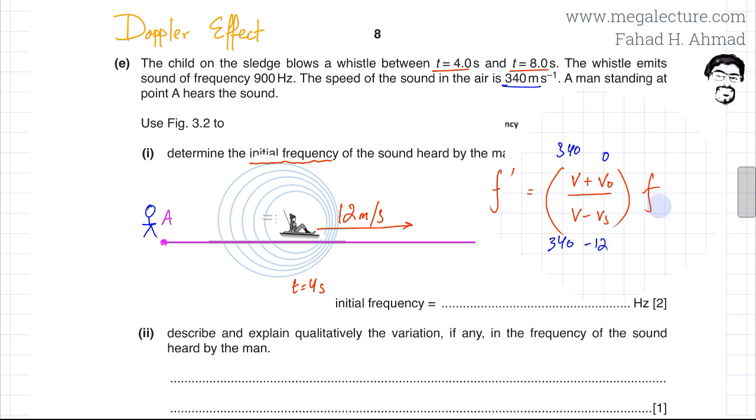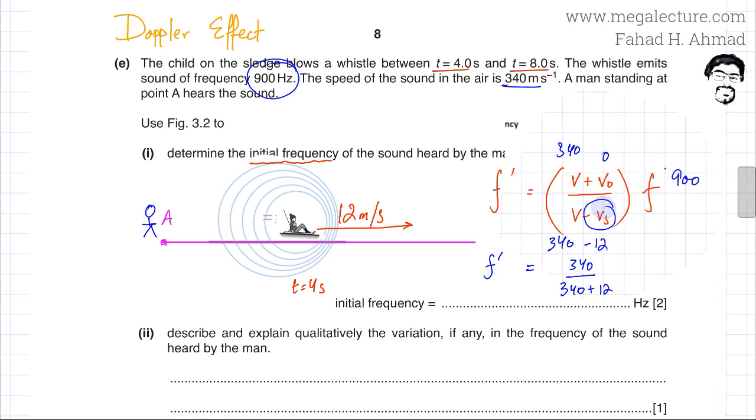And the other thing is, the original frequency of the sound is given as 900 hertz. So we're going to calculate our new frequency, which is going to be 340 divided by 340 plus 12. I'm going to take it as plus 12.